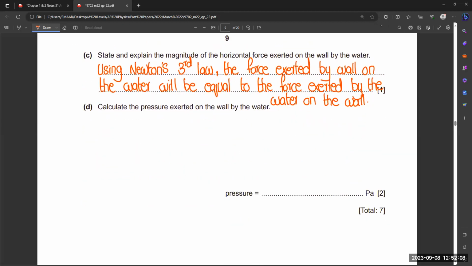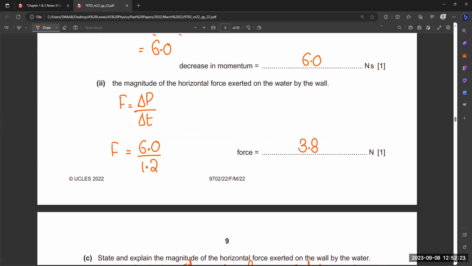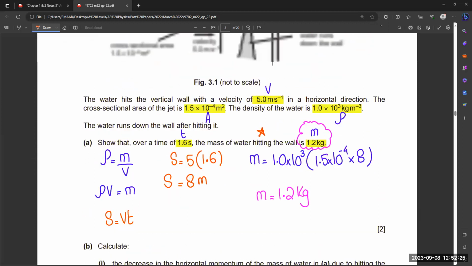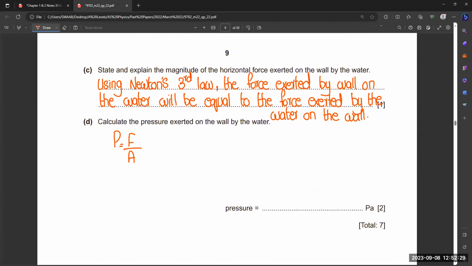And finally, they are asking about the pressure exerted on the wall by the water. So we know pressure is equal to force over area, and we calculated the force in part B, so it's 3.8, divided by 1.5 times 10 to the power of -4, which was our cross-sectional area.